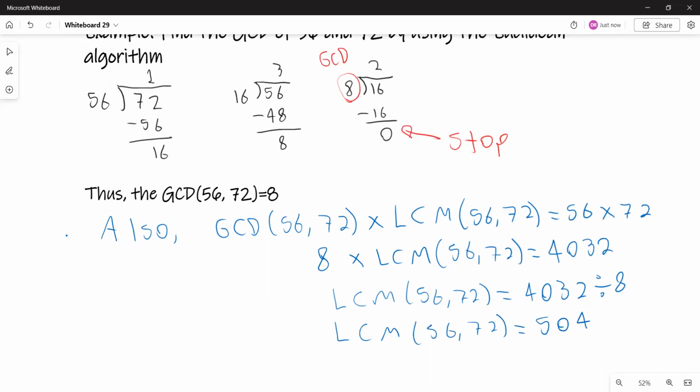Okay, we're going to do an example similar to this one. We're going to use the Euclidean algorithm and the relationship between the LCM and the GCD to find both the least common multiple and the greatest common divisor.